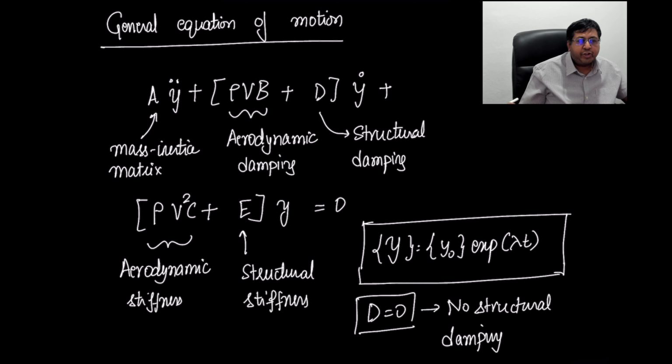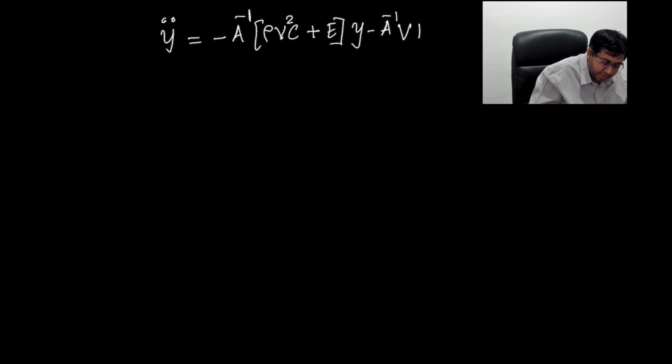So if we substitute for this into our system of equations, I'll just multiply everything by A inverse and take it to the right hand side. I can say A inverse into rho V square C plus E into Y minus A inverse into rho into V into B into Y dot, right?